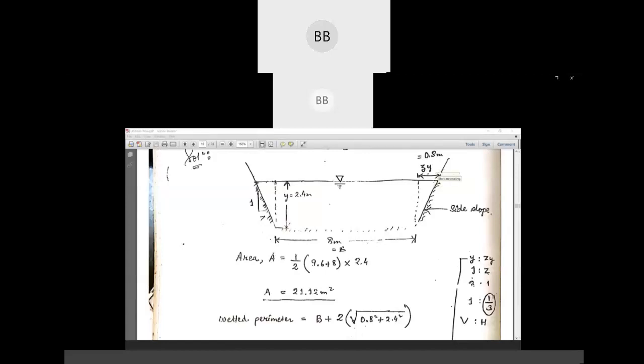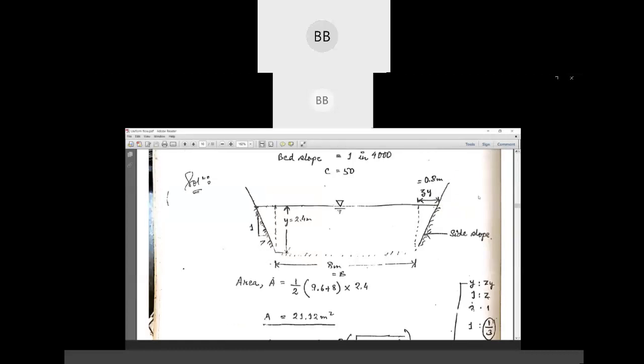When you consider your trapezoidal section, this zy, you can always find this expression in your textbook. Okay, zy.